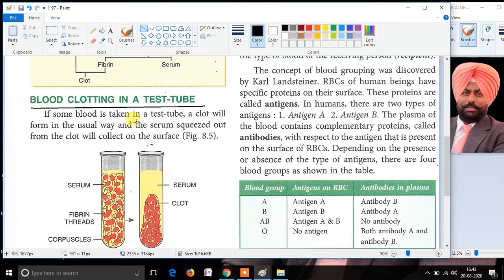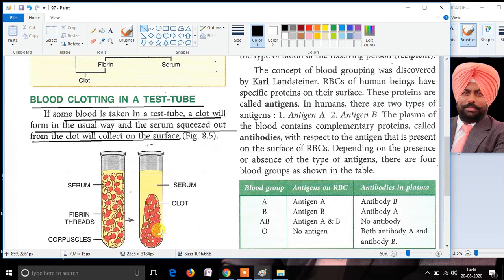For this, let's see that in a test tube, blood is taken, and after a few minutes you will see that a clot starts appearing in the test tube, and if a long wooden stick is stirred, then the clot starts sticking to that wooden stick and finally it settles down in the test tube.